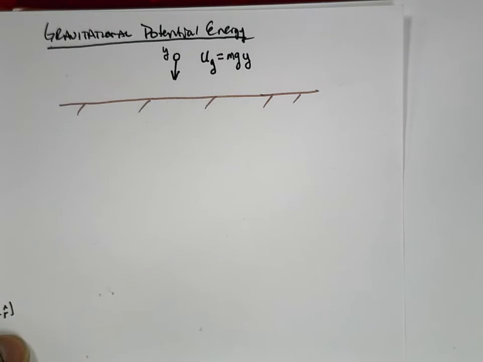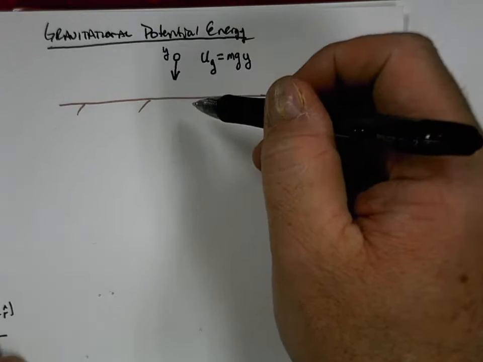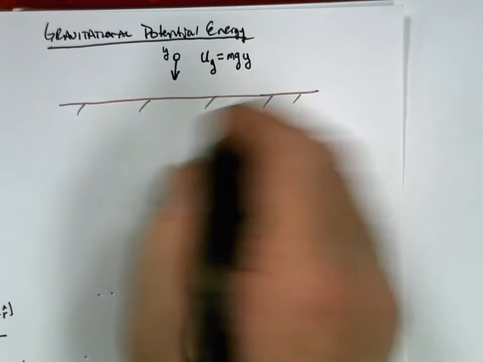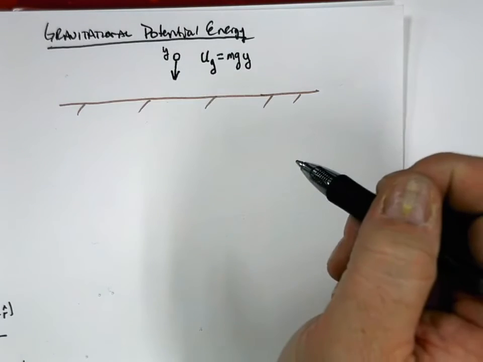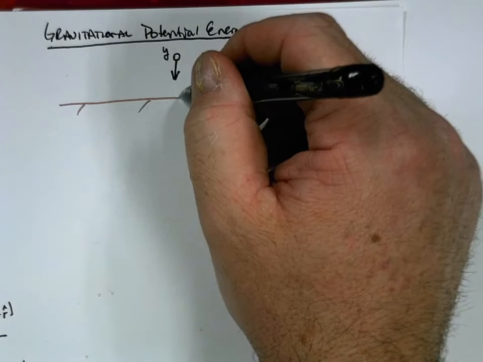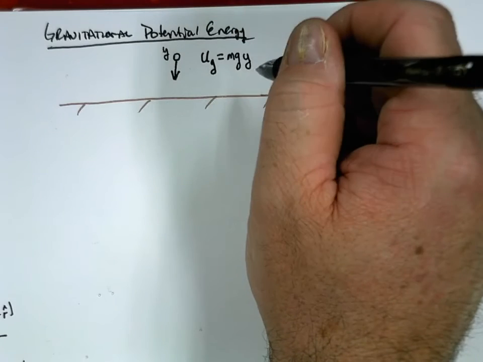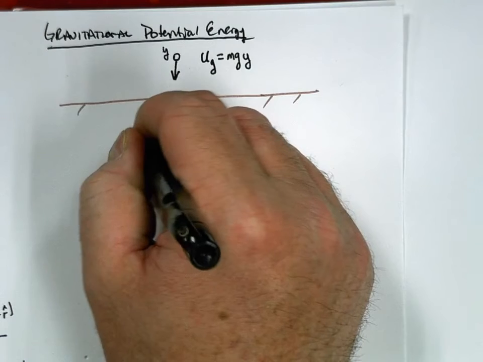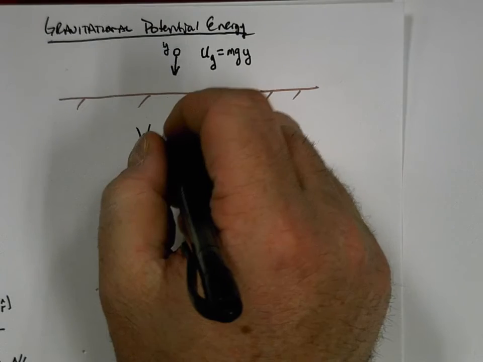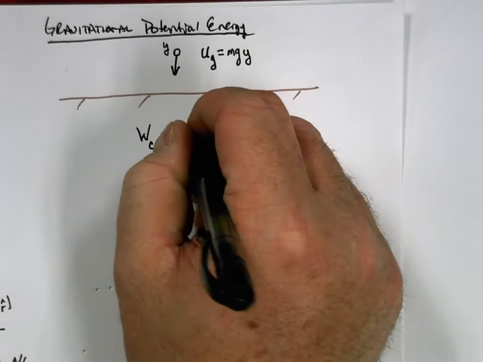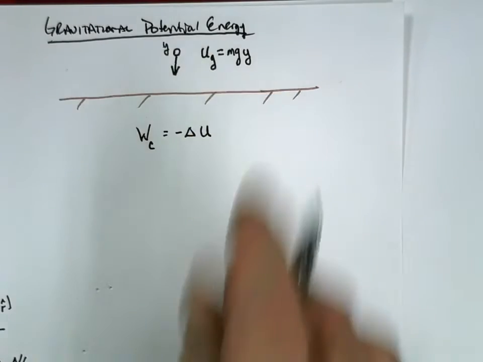Okay, and our object moves down, and since the object moves down, it is gaining kinetic energy, which means that gravity, this force, does positive work. But if this moves down, that means it would be a decrease in the potential energy. So the work done by the conservative force that is gravity, if you remember, is equal to the negative change in our potential.